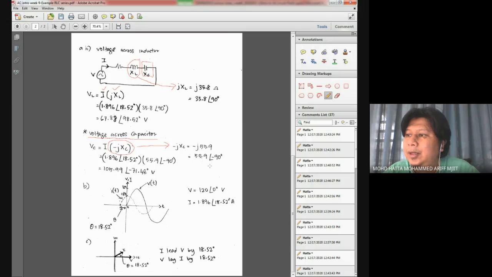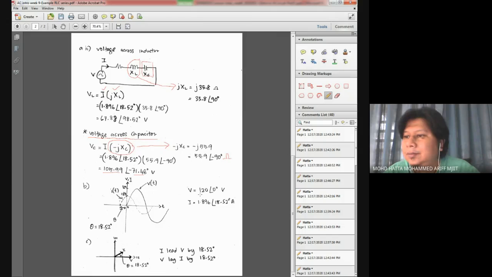If you convert it into polar form, it is 55.9 with an angle of 90 degrees. This should be in ohms. Apply Ohm's law and you will get the voltage across the capacitor and the angle of the voltage itself.